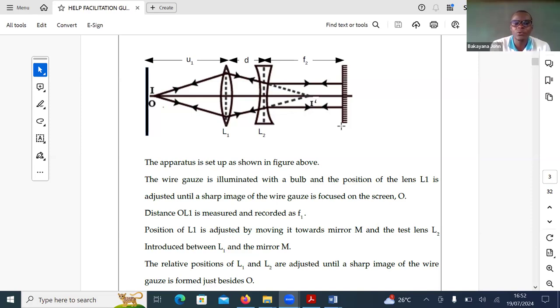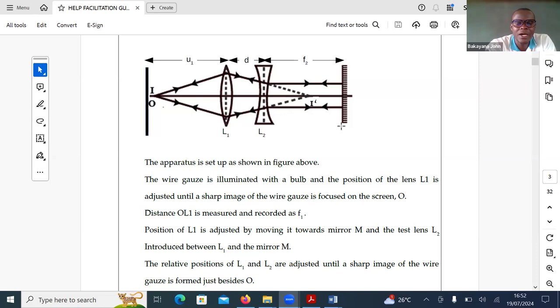So this is before we introduce in the lens L2. So you first find the position of the image before you introduce in the concave lens.